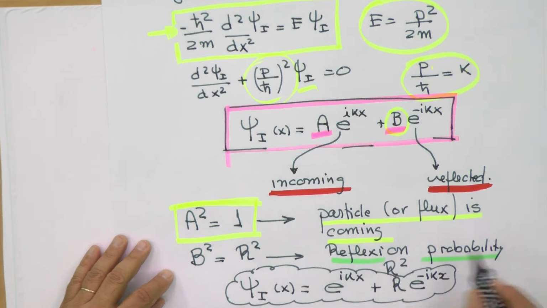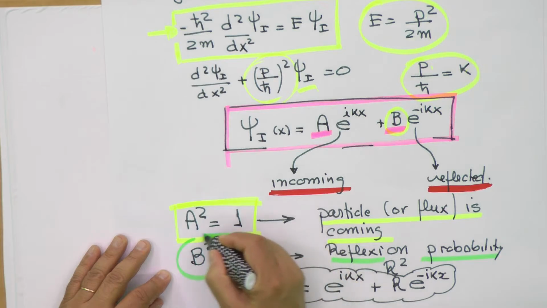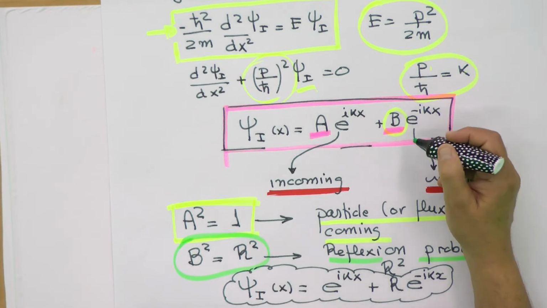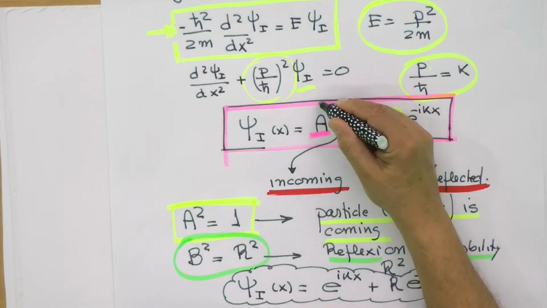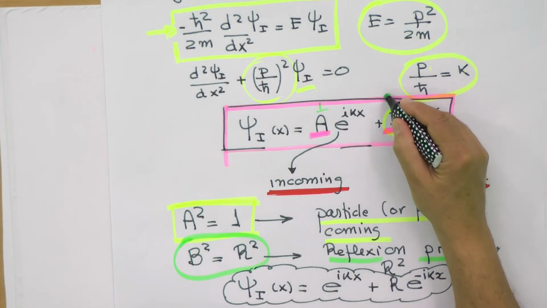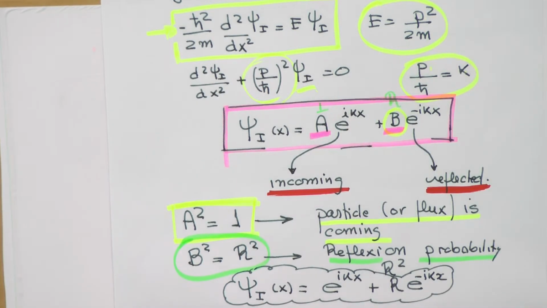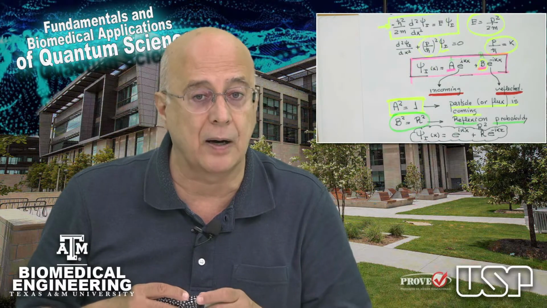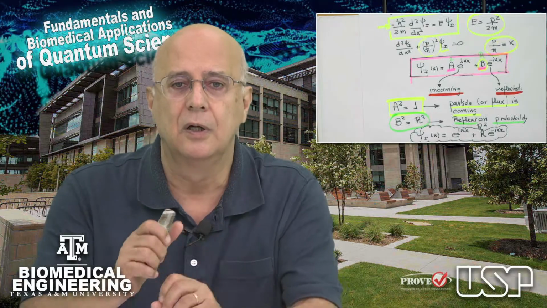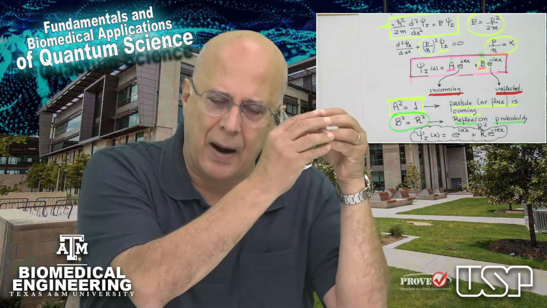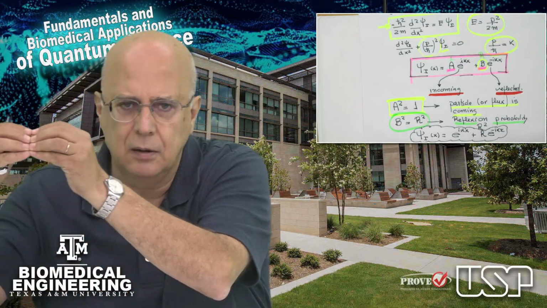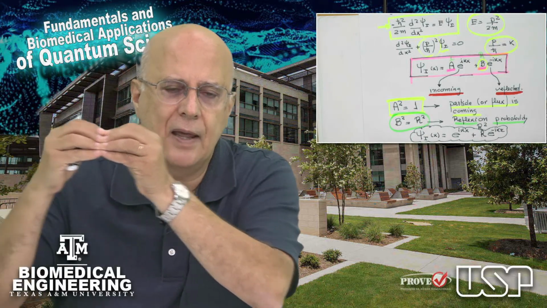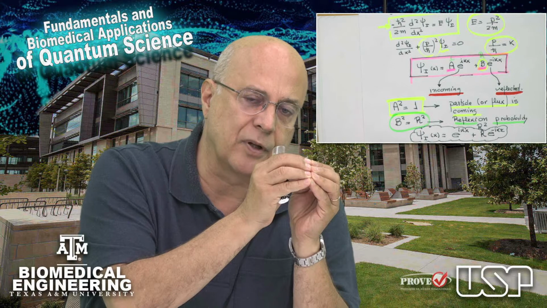And normally the reflection probability, we're going to call R squared, so B will be called R. So A will be 1, and B will be R. That's the way we represent the wave function in part 1, because it's composed of particles coming, and that's 100% they will come, and then part of the particles that are returned.